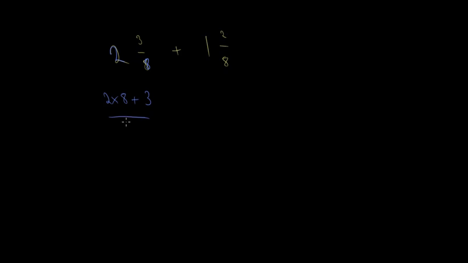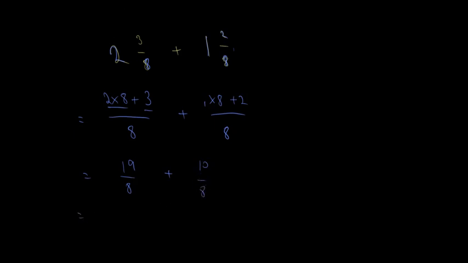Remember, the denominator stays the same. And the next mixed number, 1 times 8 plus 2 over 8. What does that give us? 16 plus 3, that's 19 over 8. Oh, sorry, 1 times 8 is 8, plus 2 is 10, so 10/8.